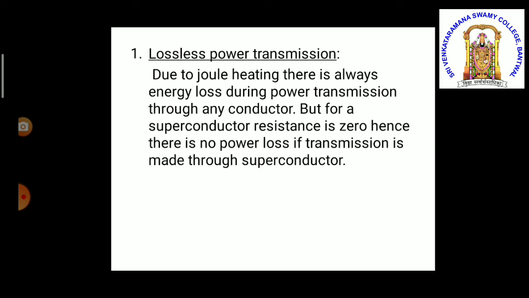Lossless power transmission. By using superconductors, one can expect lossless power transmission because there is no joule heating. Due to joule heating, there is always energy loss during power transmission through any conductor from place to place. But for a superconductor, resistance is 0. That means R is equal to 0, and the power consumption I squared R also becomes equal to 0.